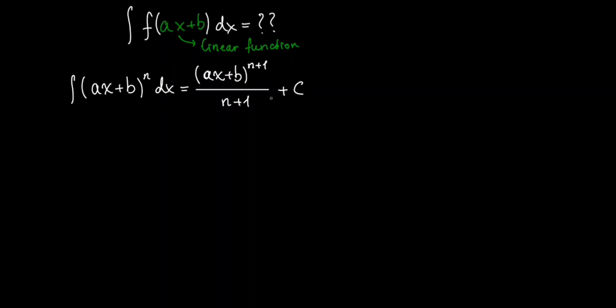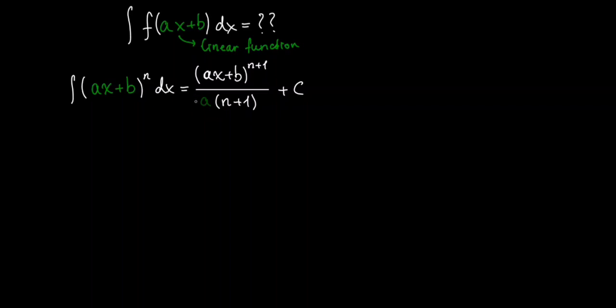However, if you left your answer like this, it would be wrong, because inside we have another function, linear function, ax plus b, and we also have to divide by its derivative. When you evaluate the derivative of ax plus b, all you have is a. So now we also have to put a in the bottom.